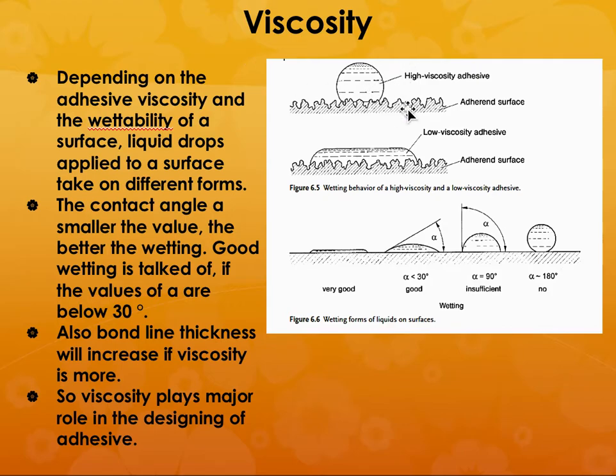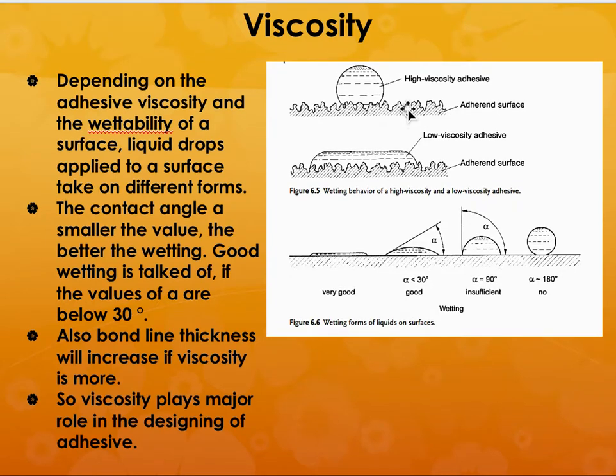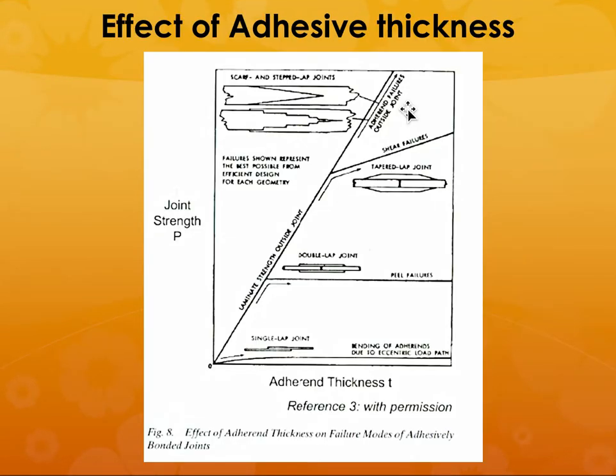So viscosity is an extremely important point, and it plays a very large role in the selection and designing the adhesive. And then you cannot just apply the adhesive liberally. You have to make sure that you use just enough so that it bonds well.